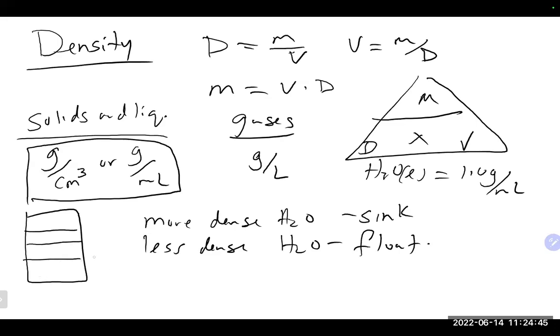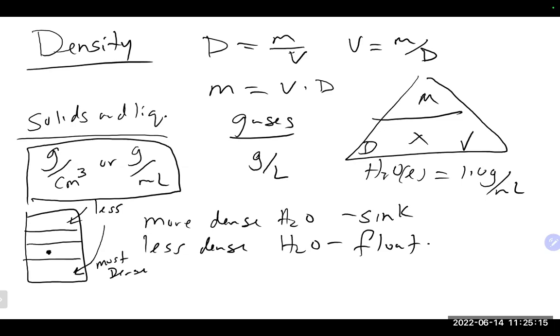The most dense liquid would be the bottom layer. The least dense would be the one up on top. And if you threw a solid in there and it stuck between those 2 layers, that means that little circle is more dense than what's above it, but less dense than what's below it, so it gets stuck there in terms of its density.